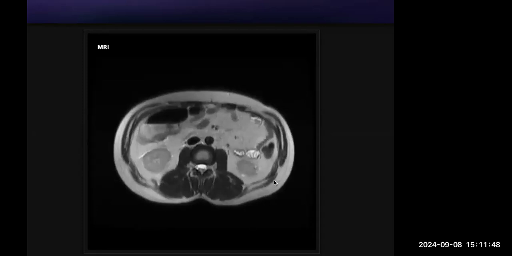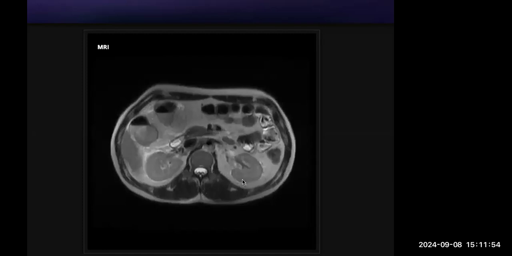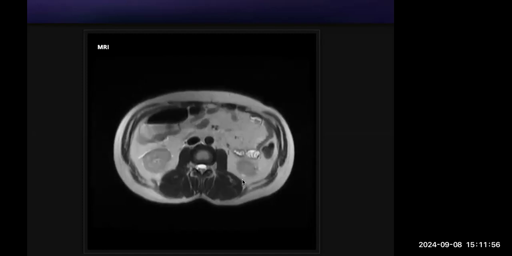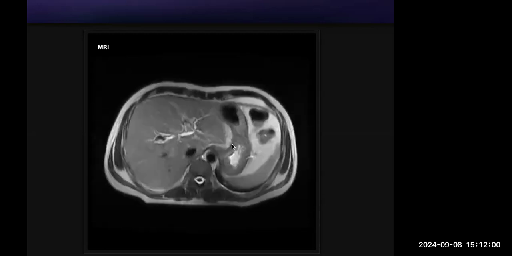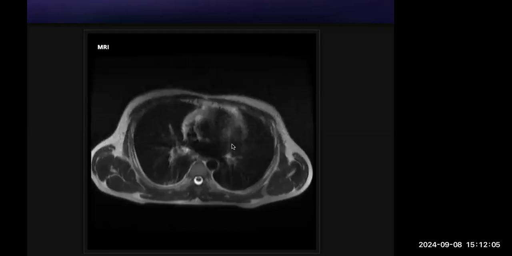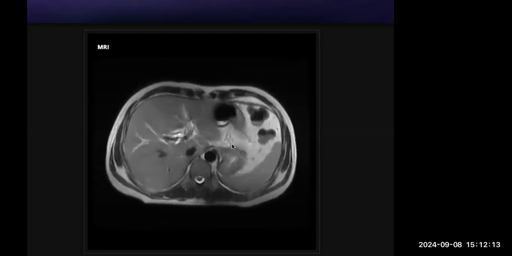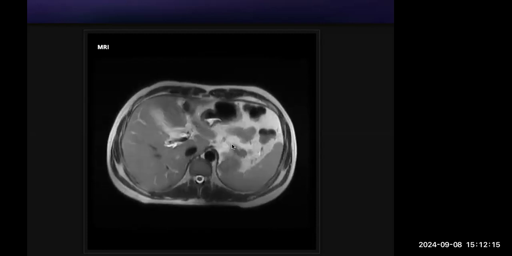These are the T2-weighted non-fat sat sequences in axial view of MRI abdomen. Actually, there's some lag. I'm not able to scroll smoothly. Yeah, you can go slowly.